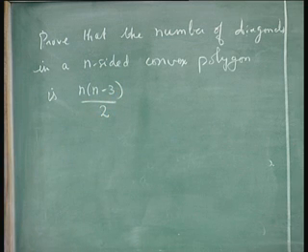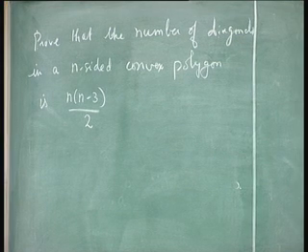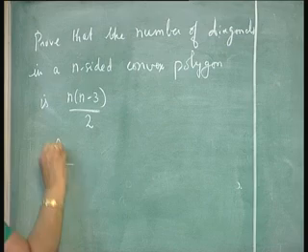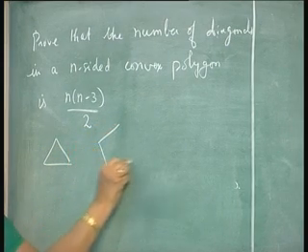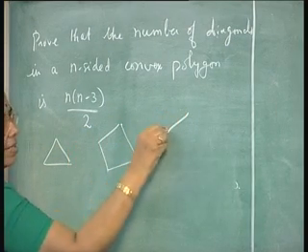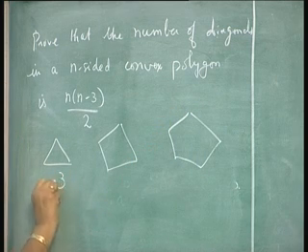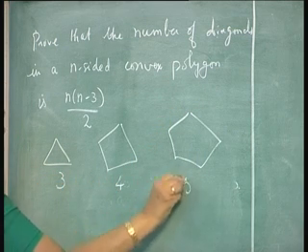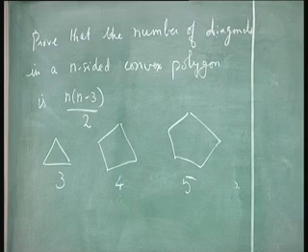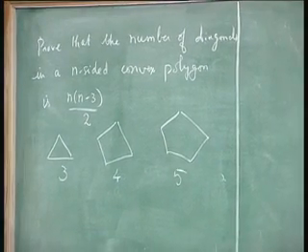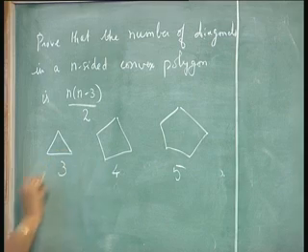Now, when you talk about a convex polygon, you can only talk about sides 3 first. Side 3 is a triangle, side 4 is a quadrilateral, side 5 is a pentagon. So, as a basis case, what is the number of diagonals in a triangle?